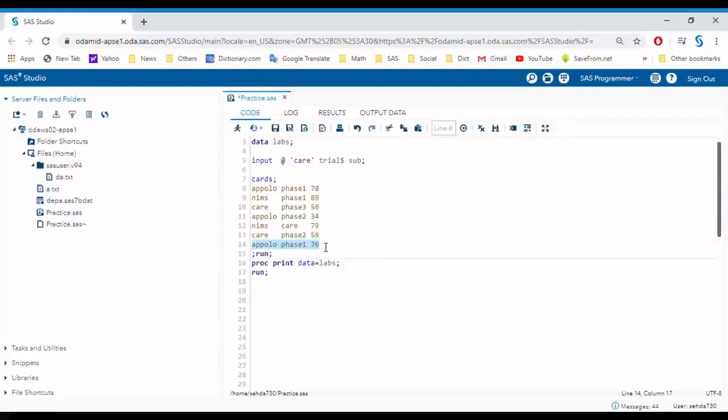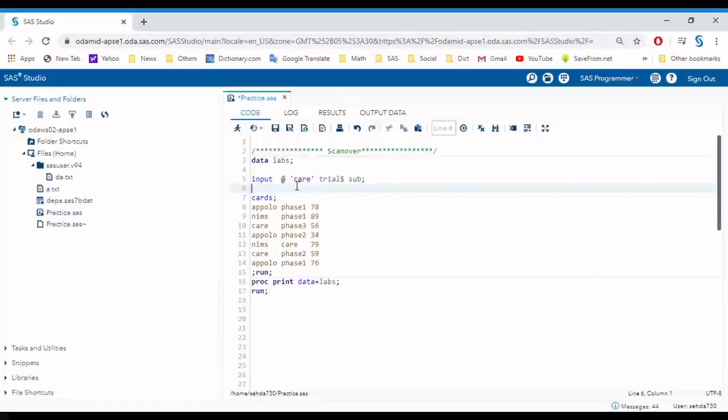No care is there. So actually you got it now, what the drawback is and how the Scanover thing works. Scanover is nothing; this is how we use the scan option, and it is hardly used in SAS or in reading raw data. Okay, so try to keep this in mind. So this is all about Scanover.